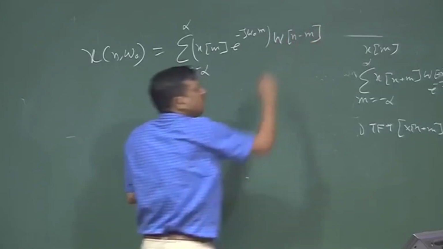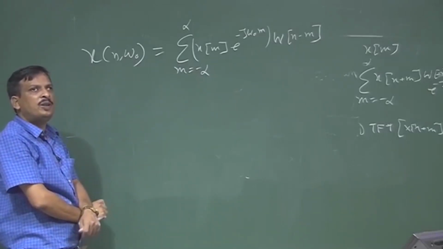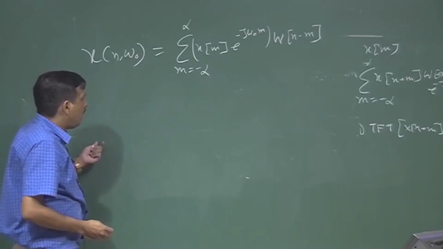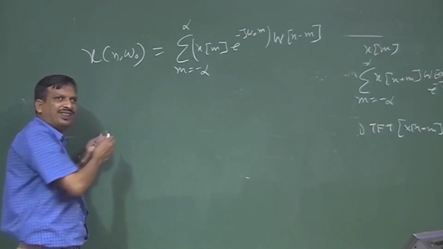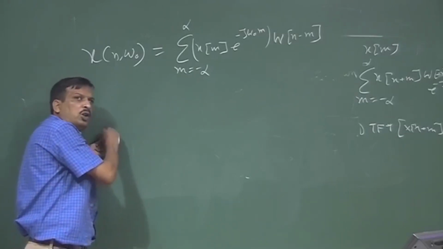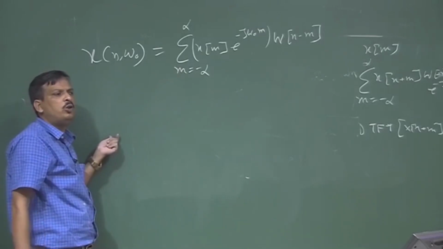This is my window. Okay or not? So, I find the convolution of the particular component with the signal, and then the output is multiplied with the window.